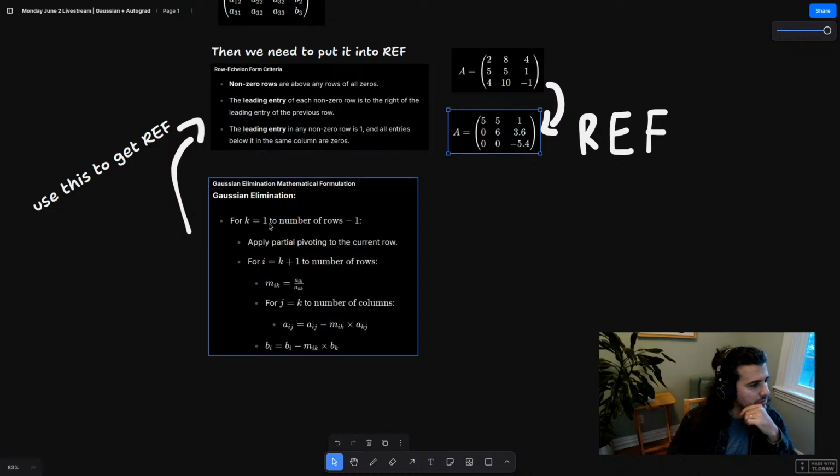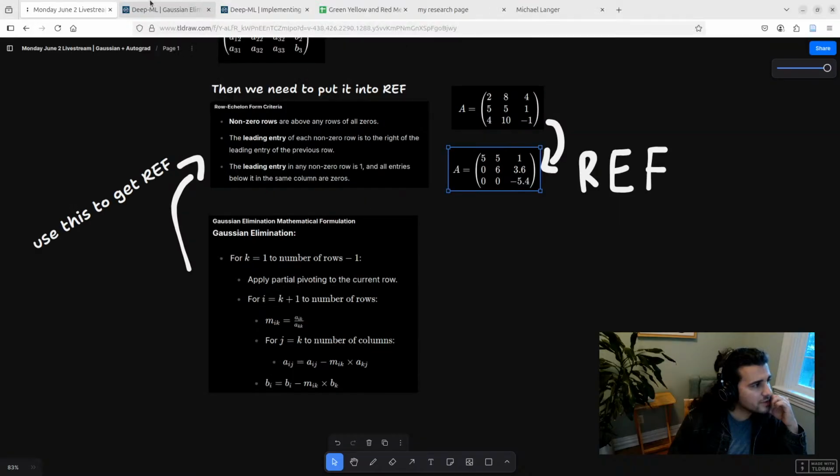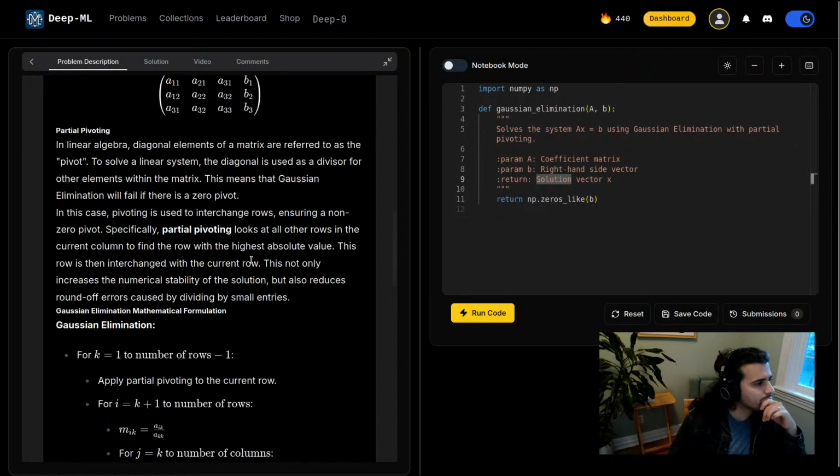So for k equal 1 to number of rows minus 1, I guess we start at k equals 1. Apply partial pivoting. What is partial pivoting? Pivoting is to choose rows with a non-zero pivot. Ah, right.